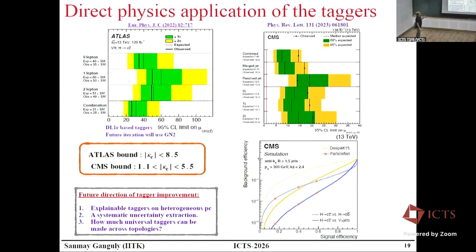This is also an old plot, from 2022, and the numbers have since improved. But the statement is as follows. In 2015, this number was around 120, which means we were still way away from observing a charm interacting with a Higgs, the second generation Yukawa coupling. Once we developed this neural network, deployed it and measured on data, this number came down to close to 20. This was just the effect of a smart neural network. And now, combining all the different data, this number has come down to about 3.